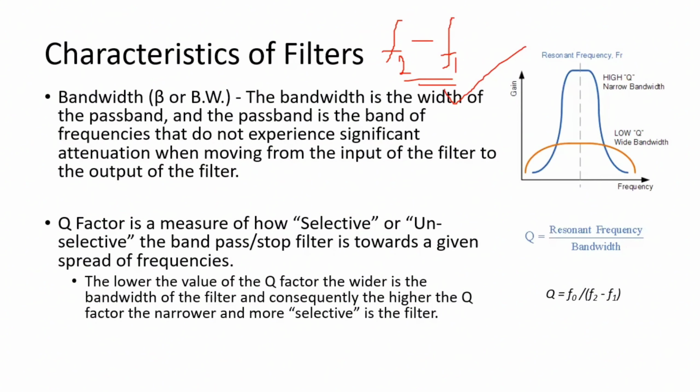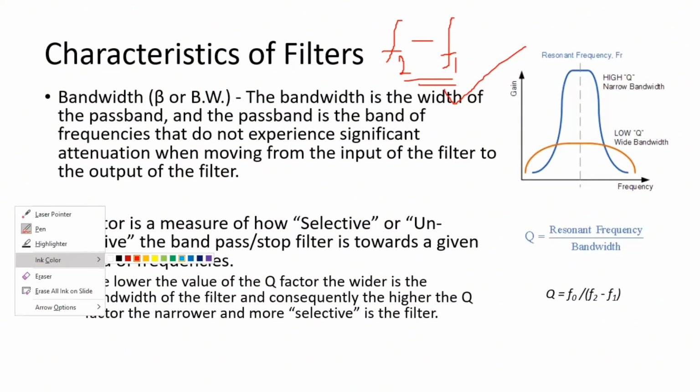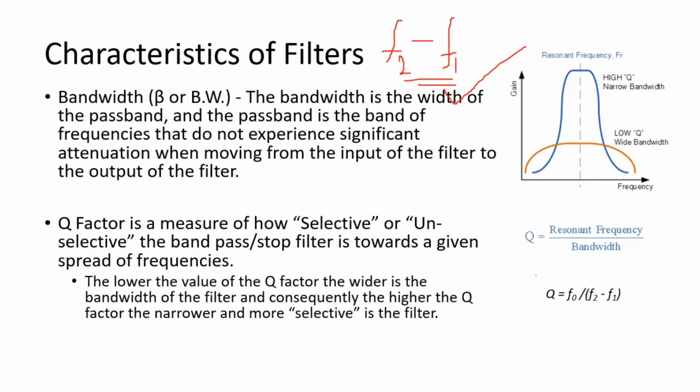If we get the correct Q factor, actually we can have a normal idea about whether it is suitable or not for our requirement. So we can calculate the Q factor from this equation, the resonant frequency and the bandwidth.